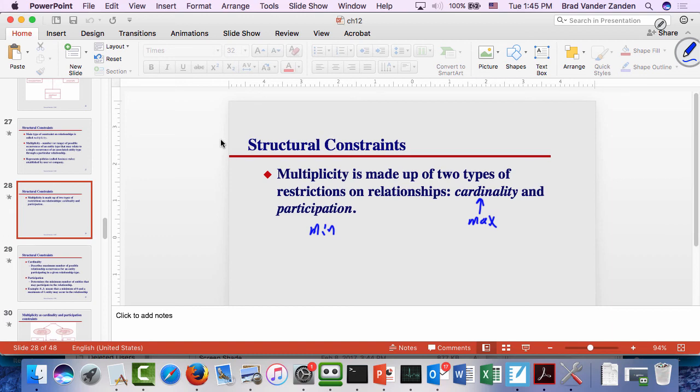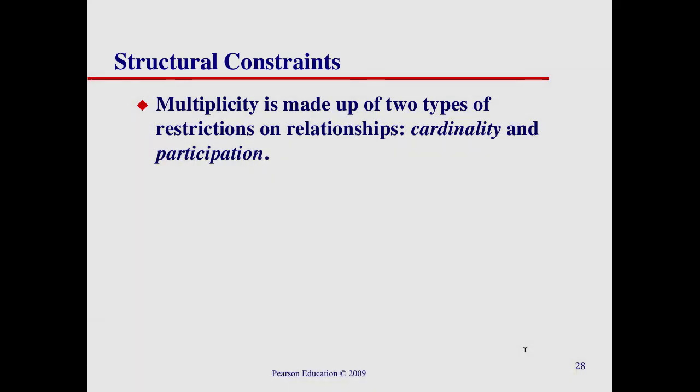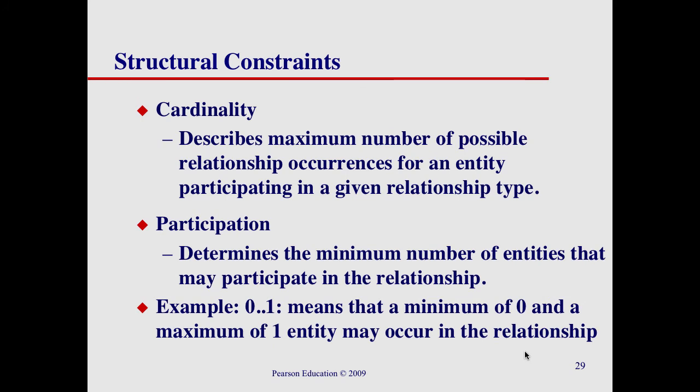We call cardinality max, we call participation rate min, so those were just the terms assigned. You got to get used to the jargon. So here, the bottom, right here 0 to 1, 0 is the participation rate, 1 is the cardinality.